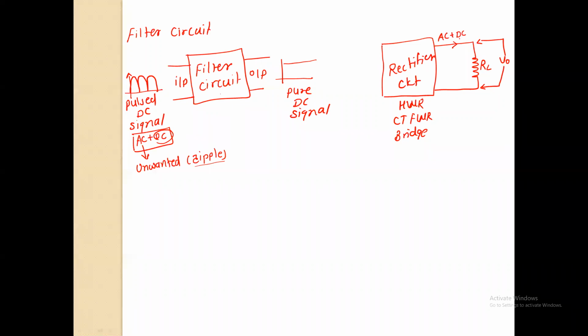पण आता इमॅजिन करा की जर या RL मधून फक्त DCच कंपोनंट फ्लो झाले तर या RL च्या अक्रॉस जनरेट होणारं व्होल्टेज कसं असेल? It's a pure DC.